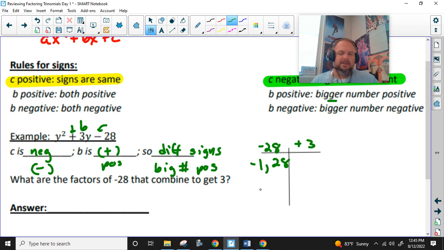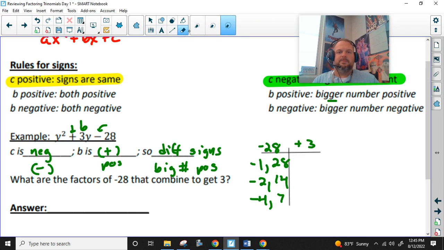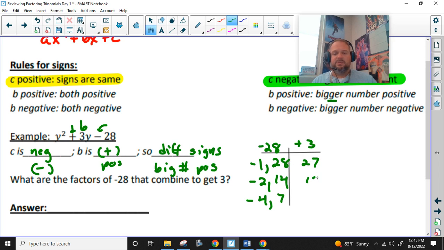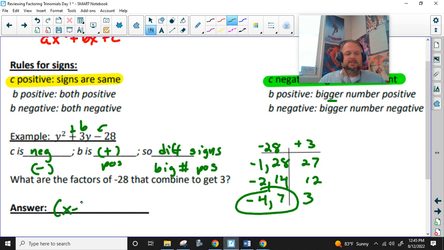Well, the 1 will have to be the negative. 2 and 14. 4 and 7. Okay. Now, when we combine them, this gives me 27. This is 12. This is 3. This is what we need right here. So when we answer this, this is x minus 4, x plus 7.